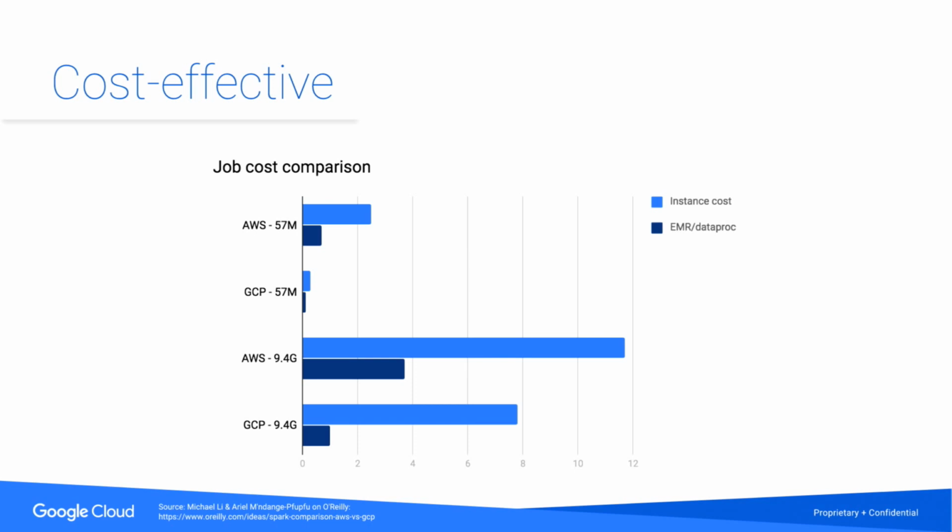As we are discussing cost effectiveness, there is an O'Reilly article. I have put the link in the footer, which compares GCP with Amazon EMR, and it says that most of our jobs run pretty fast and are very cost effective. So overall, if you compare Cloud Dataproc with the existing cloud providers for Hadoop, our jobs and clusters run much faster.